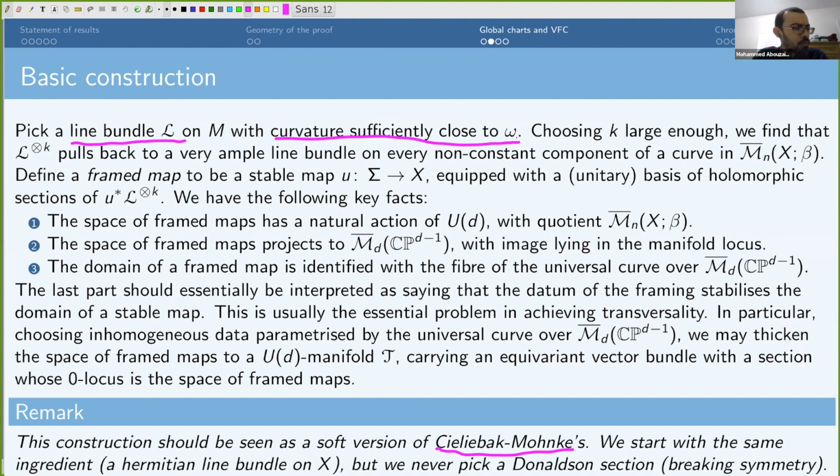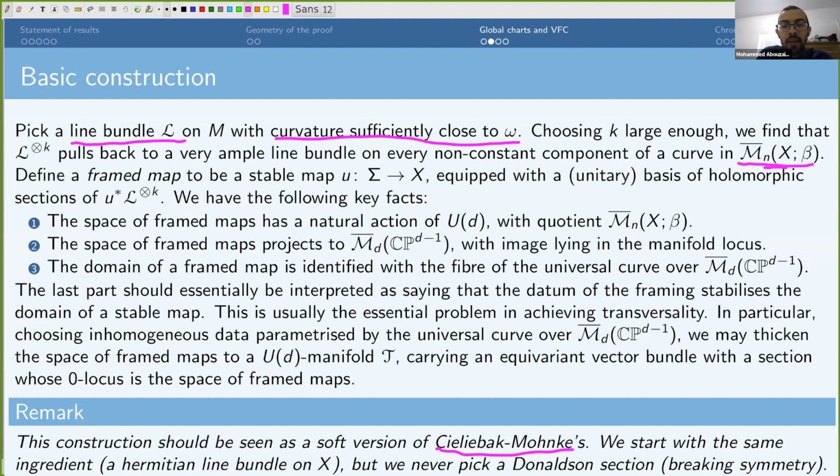I don't remember whether in their paper they do this or they work with the integral symplectic form, but you could use their methods here as well. And now what we do is we take this line bundle, take a very large power of it, and pull it back to the domain of every map that represents an element of the moduli space.